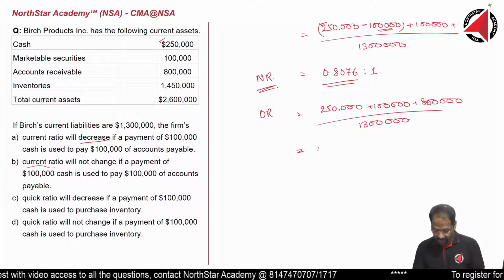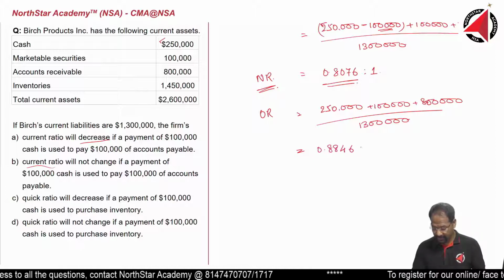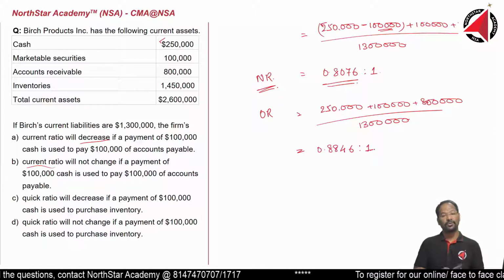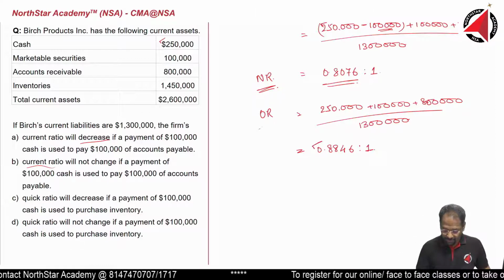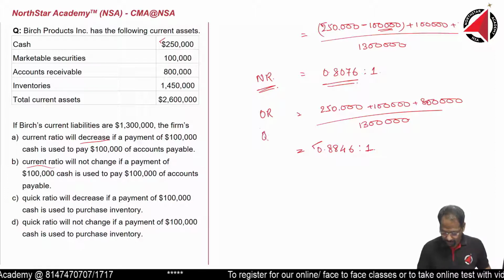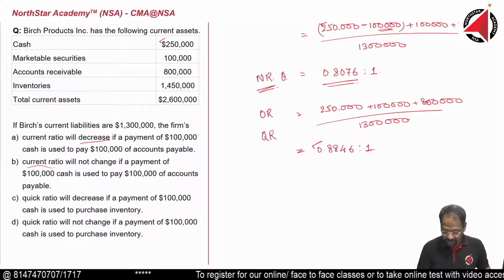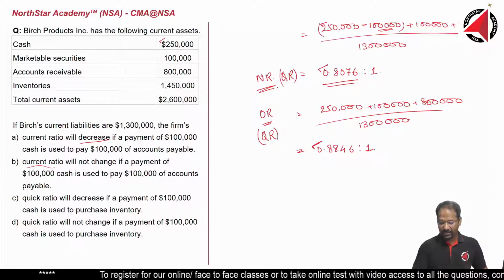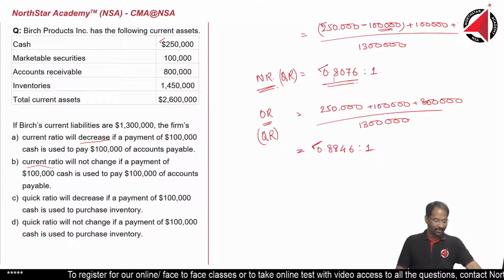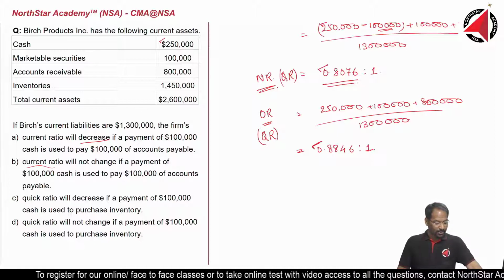You get 0.8846 to 1, which remains constant. So if you look at the old ratio, which is the quick ratio, and here also the quick ratio, the old quick ratio is higher than the current quick ratio. So the correct option would be option C.